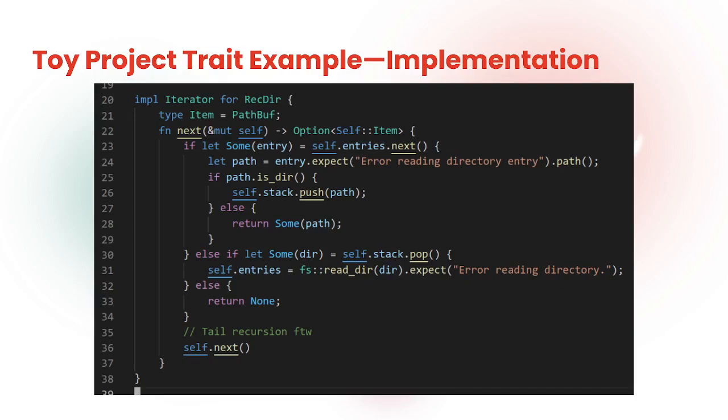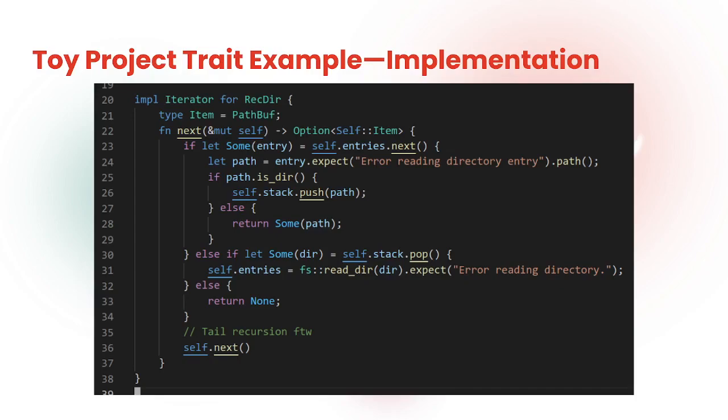This next function's purpose will be to search through the directory recursively. If there is some entry in our current directory, and that entry is itself a directory, then we're going to push that path into our stack, so we know to come back to it later.